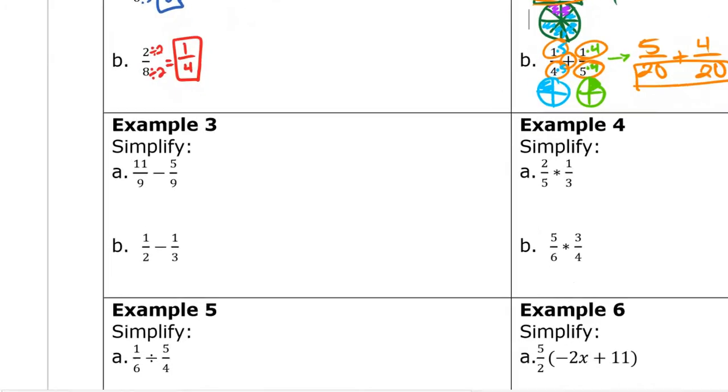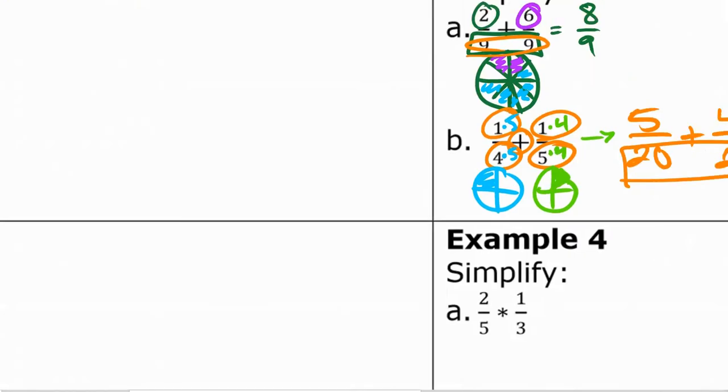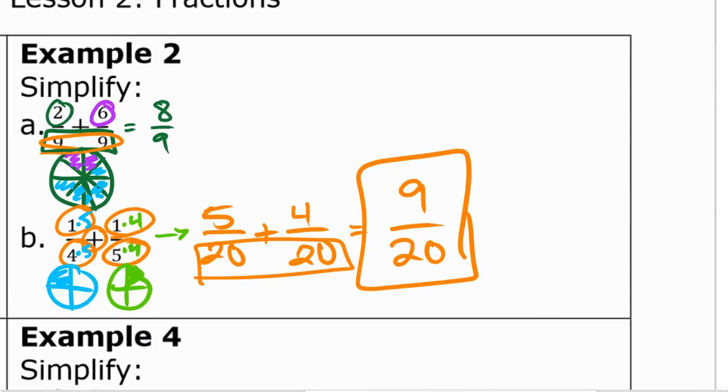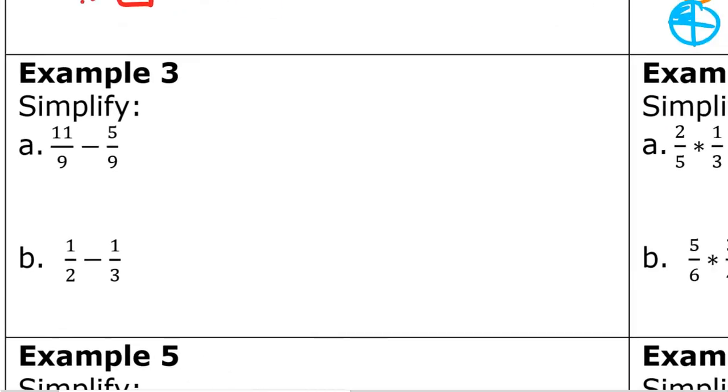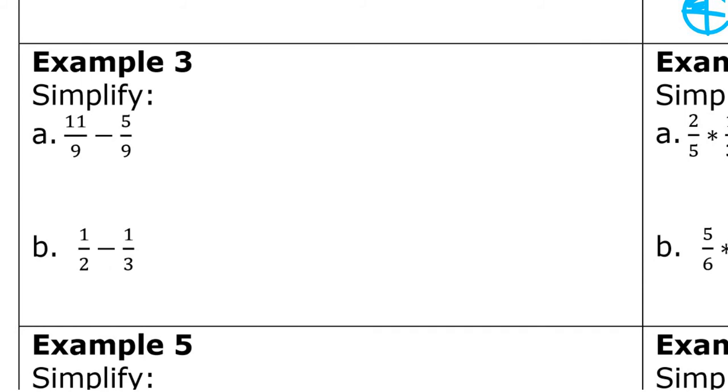All right, example 3 is just like example 2, except we're subtracting, so you're imagining the same scenario. We need the denominators to be like each other. All right, we're in good shape on the first one, 9 and 9, so we simply subtract the numerator. 11 minus 5, we get 6.